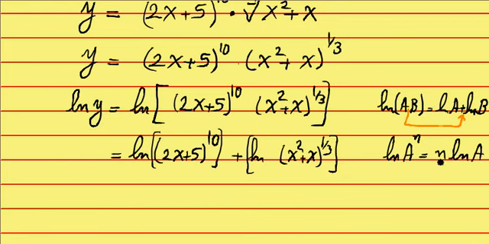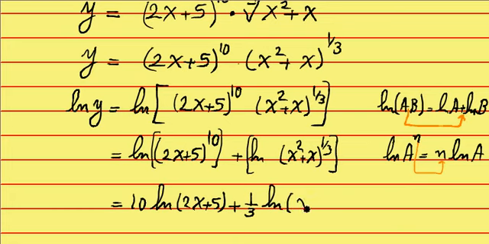That's the second reason logarithm is such a useful thing. So this came here. What does that do? The 10 comes up front. This becomes 10 logarithm of 2x plus 5 plus 1/3 of logarithm of x squared plus x.